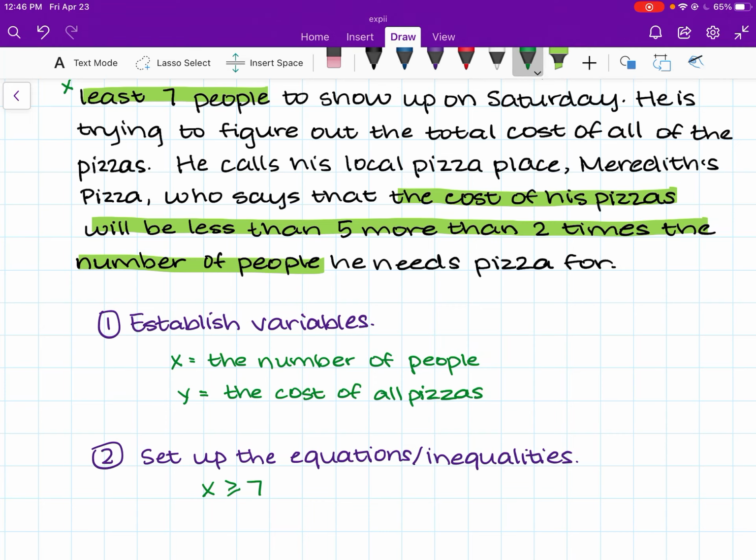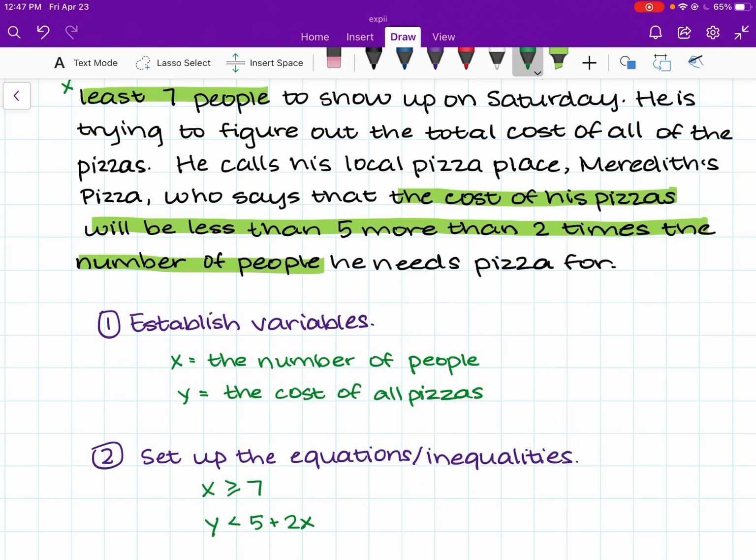So if we write this, we know the cost of his pizzas, which we established as variable y, will be less than 5 more, so 5 plus 2 times the number of people, which is x. So here we know our second inequality is y is less than 5 plus 2x. Notice Meredith did not say less than or equal to. She simply said less than. So we are just going to use the less than sign.